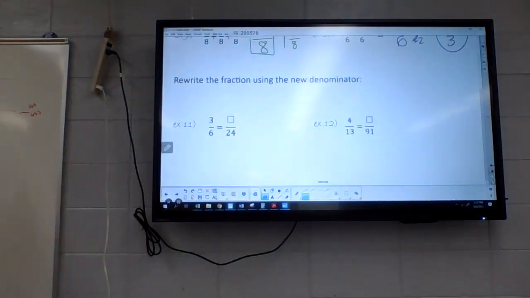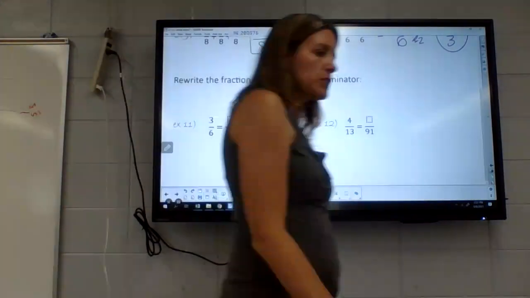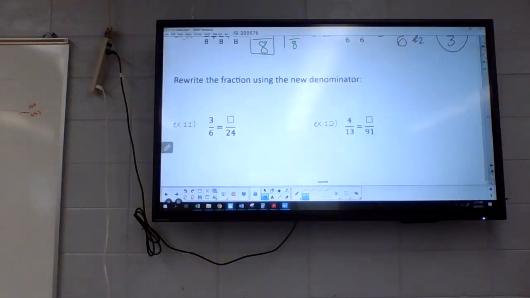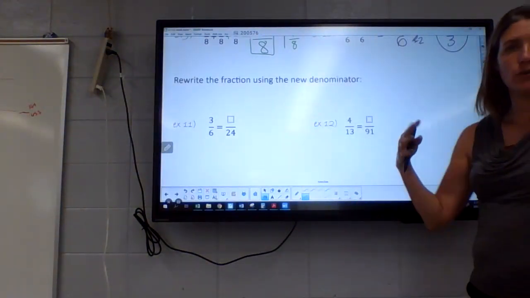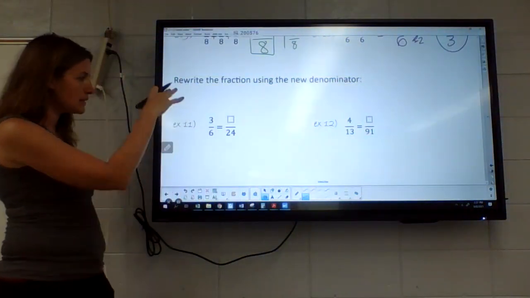The next thing I want to show you guys is what we call equivalent fractions. So understanding that these two values should be the same. So 3 over 6 should be the same as something over 24. So this is like rewriting it in a way that maybe would be helpful for some reason or another. So basically, whatever I do at the bottom, I have to do at the top. So I have to kind of be equivalent here. So we're trying to make something be the same.